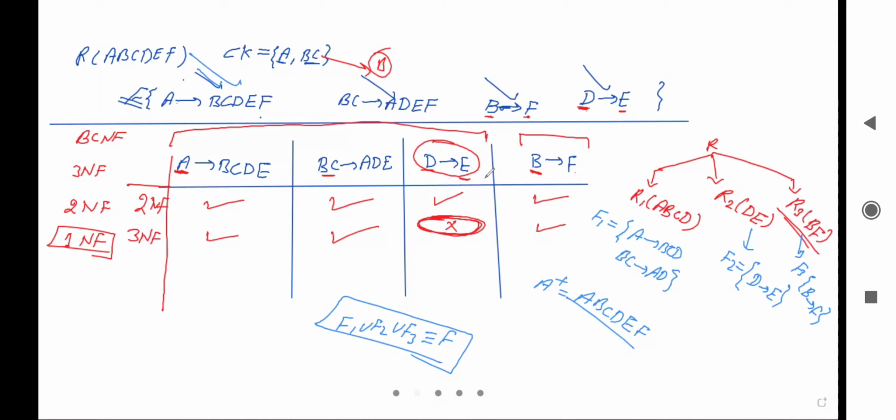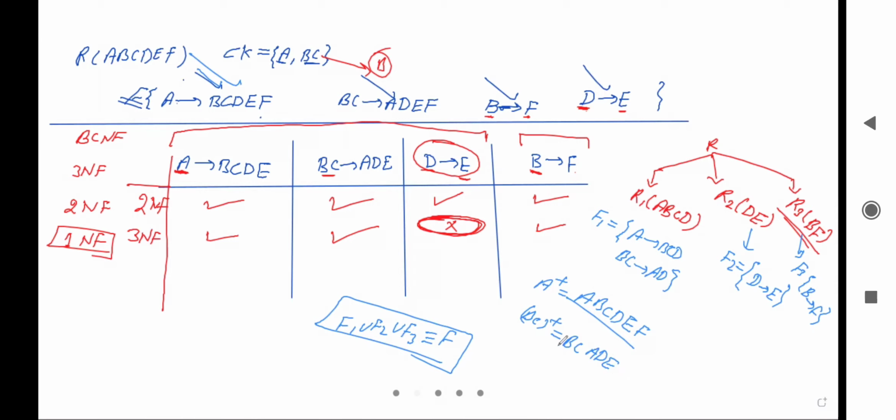What about BC closure? BC closure is BC itself, after that AD, then E because D goes to E, and B goes to F also.